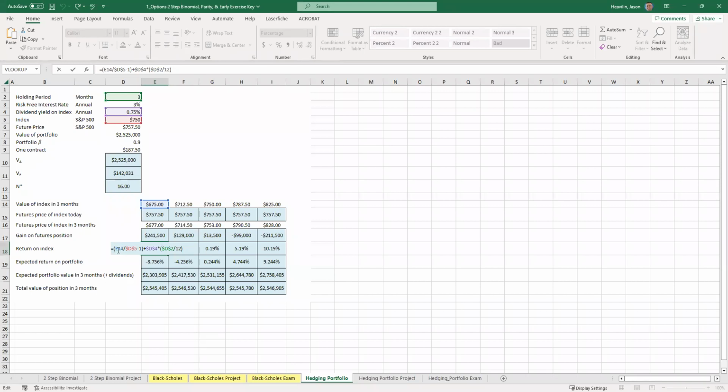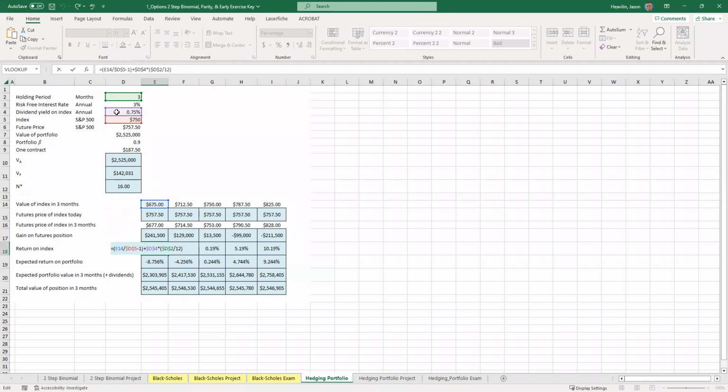Now, what we're doing in this piece is the new divided by old minus 1. That's just checking the returns. So E14 is 675. That's the new value. D5 is the old value, 750, minus 1. So that gives you the return or the capital gains or losses on the portfolio.